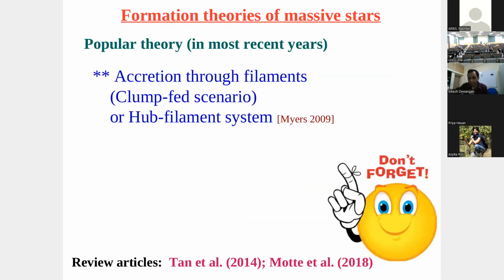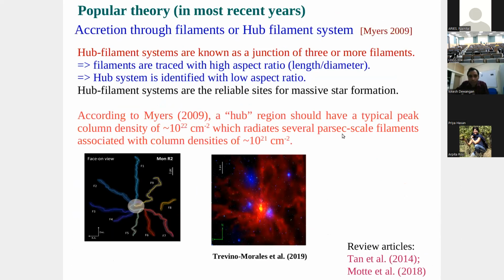This is the theme of that. Nowadays people are getting more and more signatures related to the hub filament system, as I mentioned in my introduction slide. In those configurations, people are seeing accretion through the filaments. This is very close to the clump fed scenario which I just discussed. So this is also called the hub filament system. So what is the hub filament system?